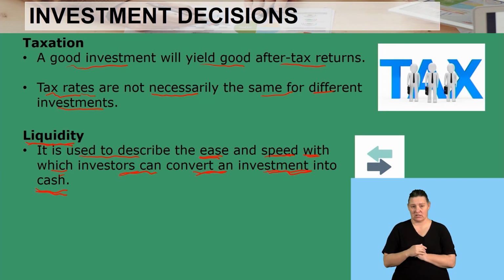Because here we're talking about the idea that an investment is when you are taking your money and putting it into an asset or putting it into a bank. So when you are putting it into an asset such as property, a house, you should know that the liquidity to convert your amount that you have invested into cash will be very slow, especially when you're looking into property.